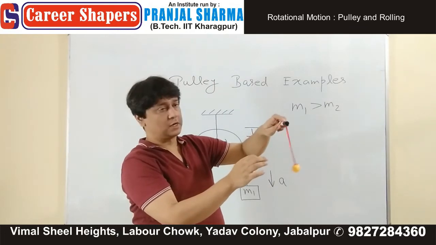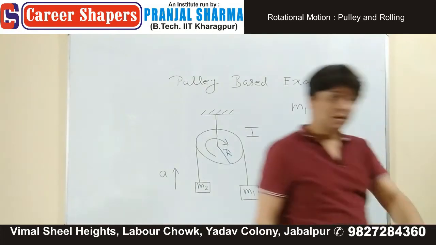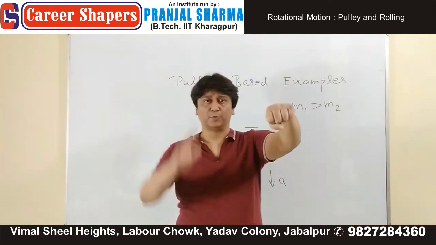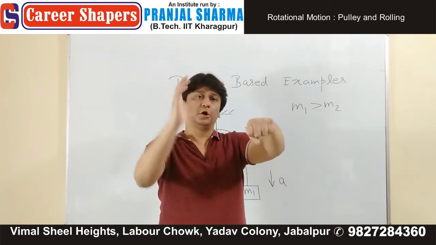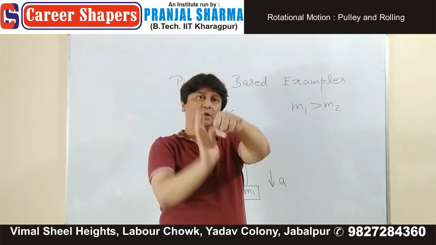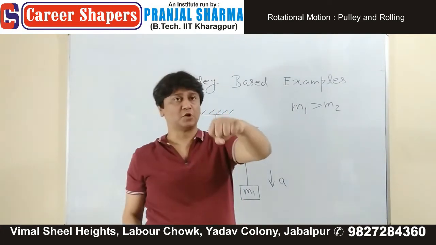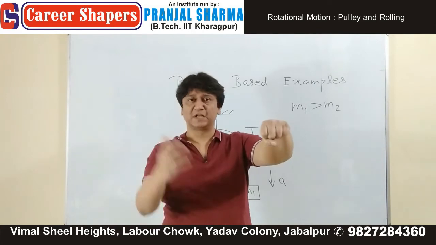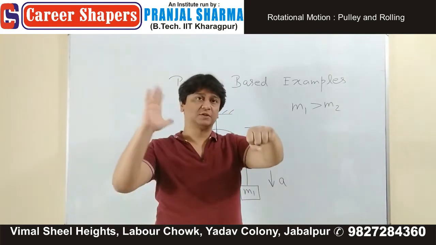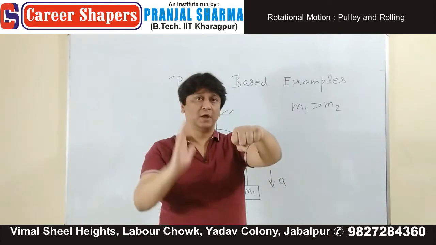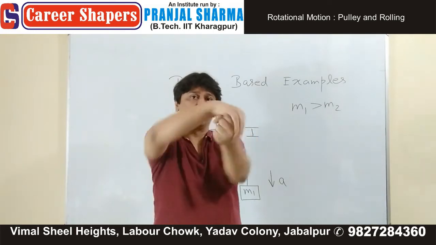But right here, you understand it better in this way. Suppose my hand represents pulley and this hand represents the rope. So in laws of motion, it easily slipped, and therefore pulley was not rotating at all. There was nothing which could rotate the pulley. But in rotational motion, we say that there is sufficient friction between pulley and rope, and therefore this thing is going to rotate.